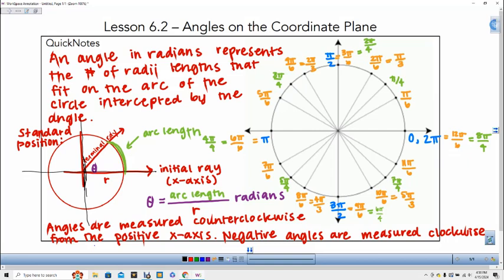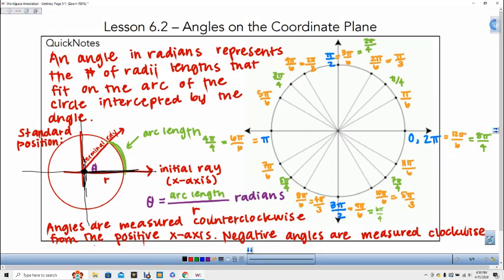So standard position is where the circle is centered at the origin, and the initial side of the angle, remember an angle is 2 rays that have a common beginning point, is going to be along the positive x-axis, and you're going to have a terminal ray somewhere else on the circle, sharing that common point at the origin.